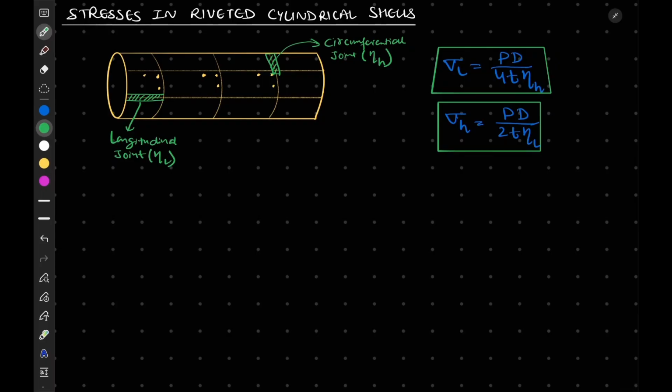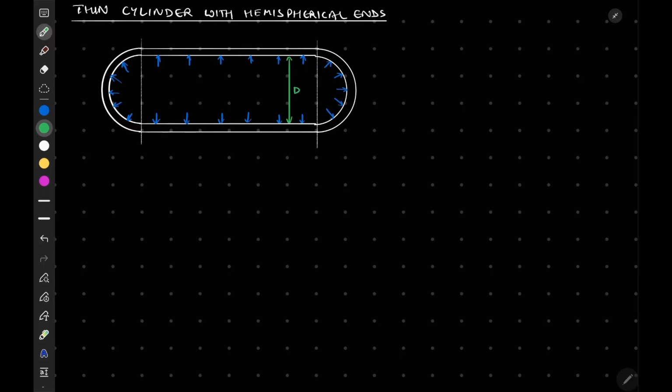Now let's consider a cylinder with hemispherical ends. So let's say this is a thin cylinder with hemispherical ends. Let d be the diameter, TC the thickness of the cylindrical part, and TS the thickness of the spherical part. This is the internal pressure P, acting in all directions.